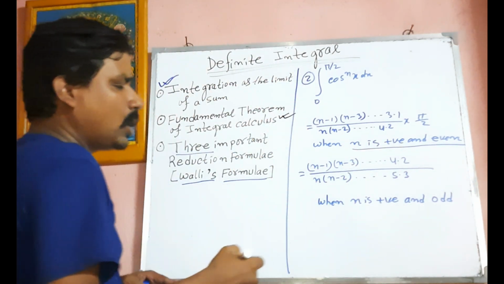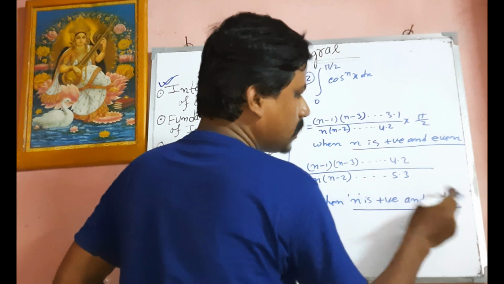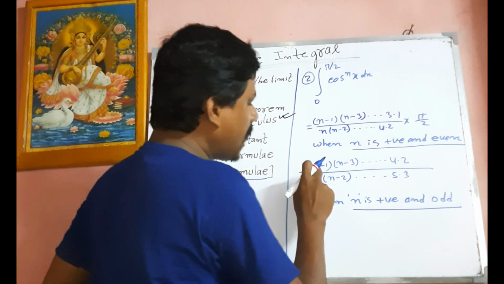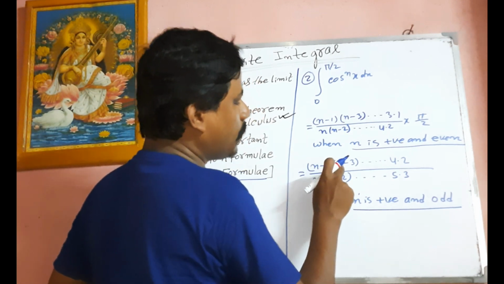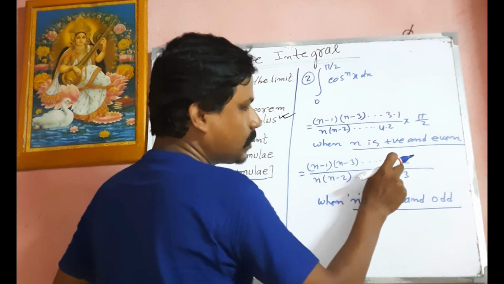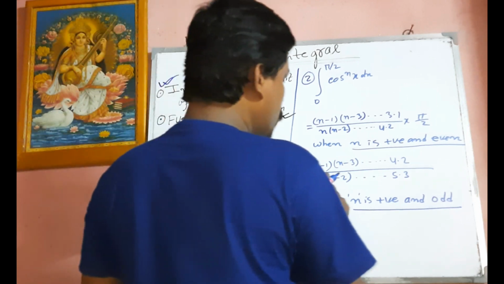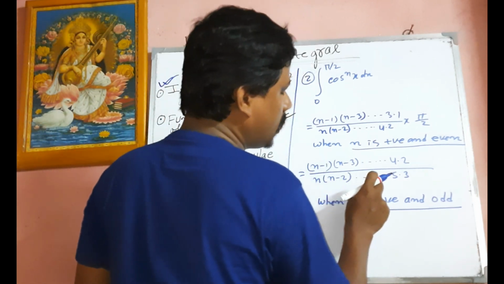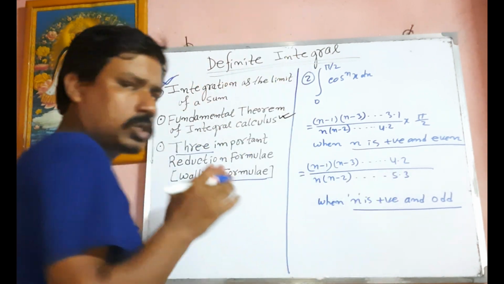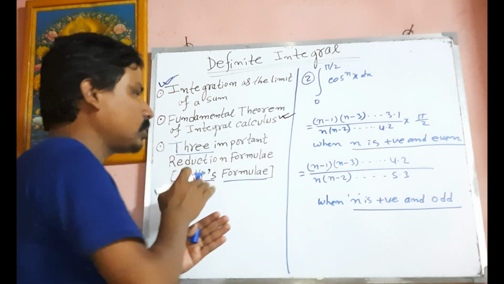And similarly, when n is positive but odd, this formula will be (n minus 1)(n minus 3) dot dot dot 4 into 2 divided by n(n minus 2) dot dot dot 5 into 3. So this completes the second formula among the three.